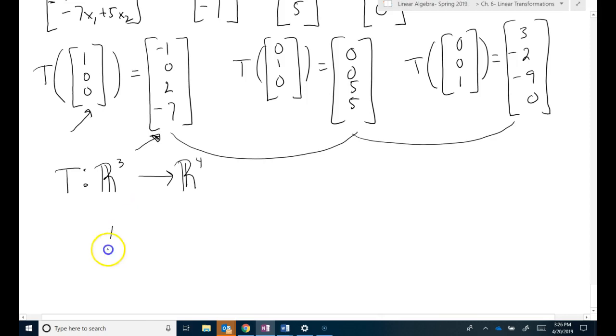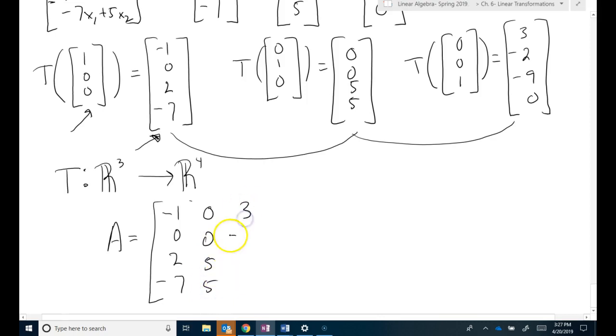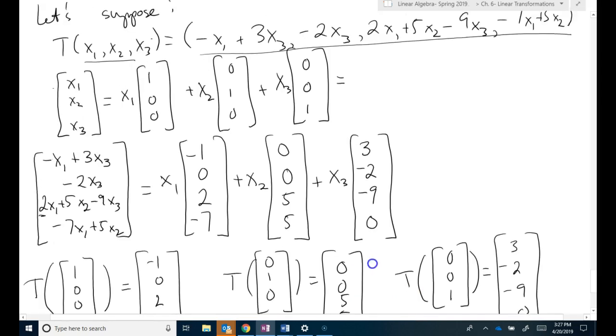And how is it going to do it? It's going to be defined by the matrix transformation A, which will equal negative 1, 0, 2, negative 7, 0, 0, 5, 5, 3, negative 2, negative 9, 0. And that's my matrix transformation. How do I find it? Well, I had to transform my transformation.